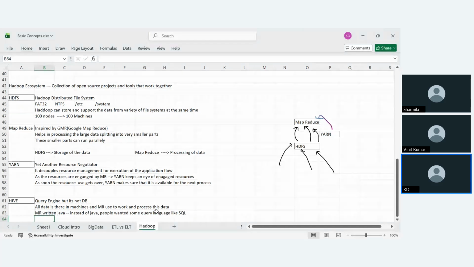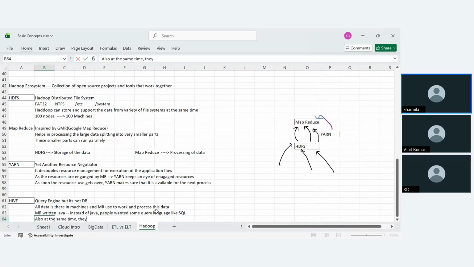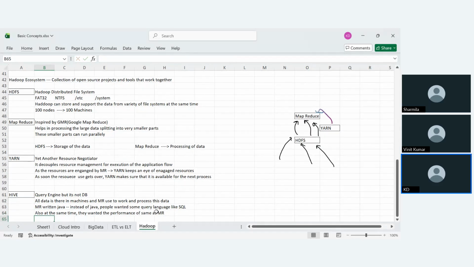But at the same time, they wanted the same performance as MapReduce, because MapReduce performance was very fast and very much distributed. They wanted the same performance, but not from Java.